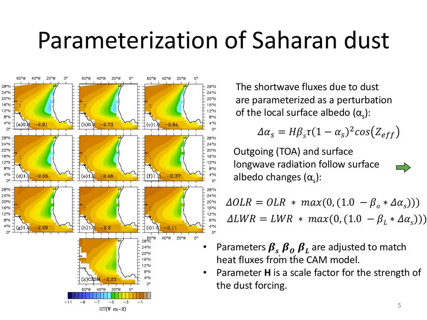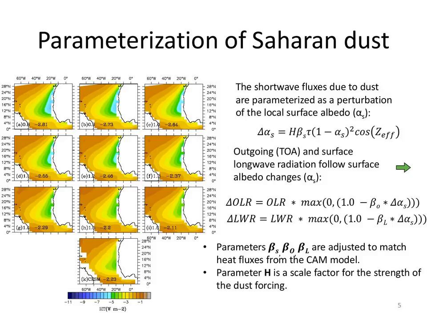UVic doesn't have a dust parameterization in it, so we had to implement it. We implement dust via surface albedo changes for the shortwave radiation, and we also parameterize surface long-wave radiation and outgoing long-wave radiation, because dust absorbs and emits radiation, so we need to simulate both effects.